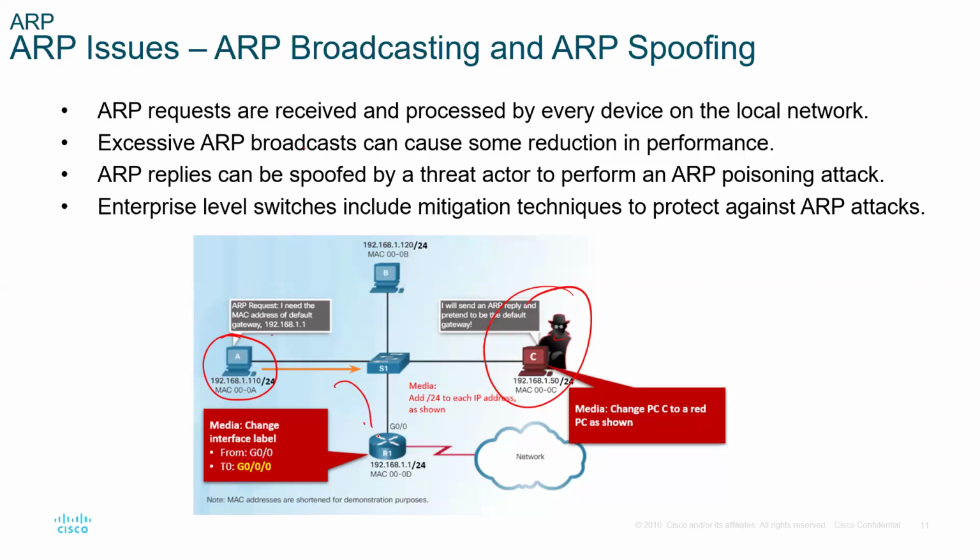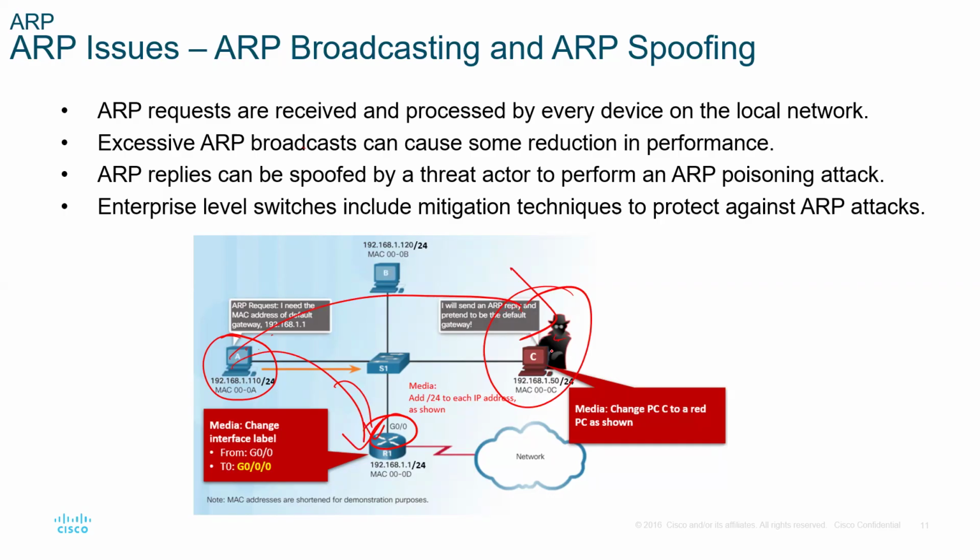Our information wanted to go to the gateway, but this one acted as the gateway. It just disguises itself with the IP address of the gateway. It means every time this device wants to communicate with the gateway, it will communicate with this device. And if there is sensitive information, that's a very huge problem.